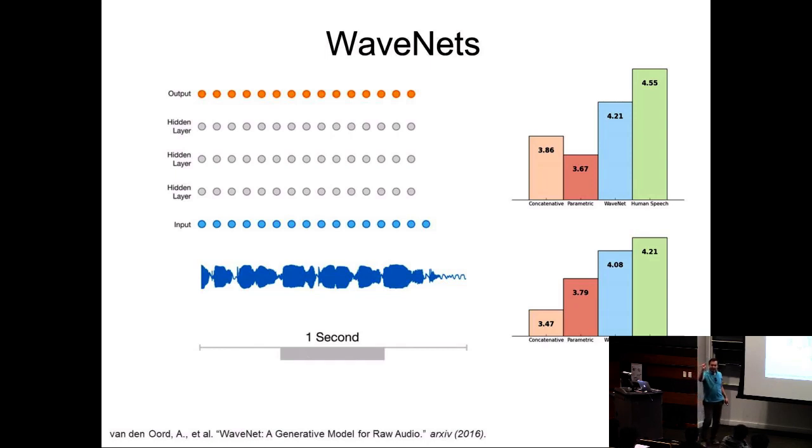Much like you've seen in Pixel RNN, taking the overall context, you're just predicting the next sound. It's exactly the same model, but applied to a one-dimensional speech signal.